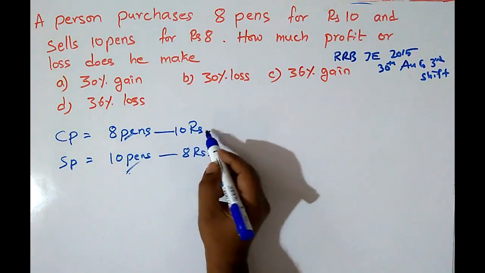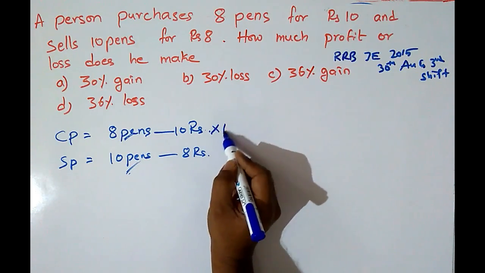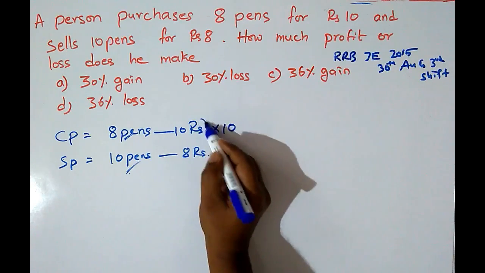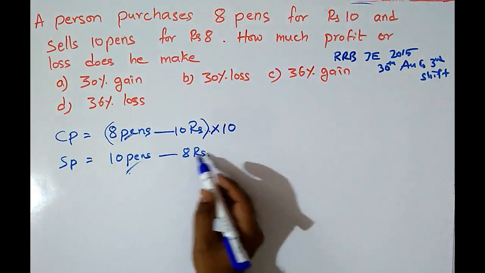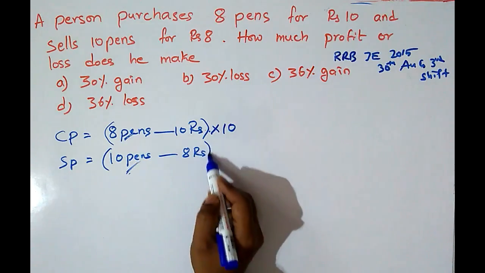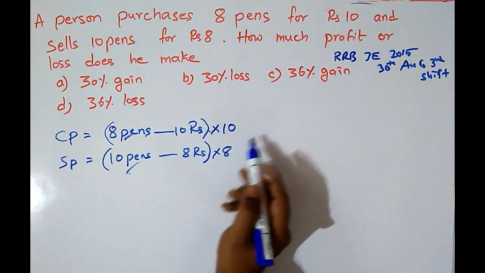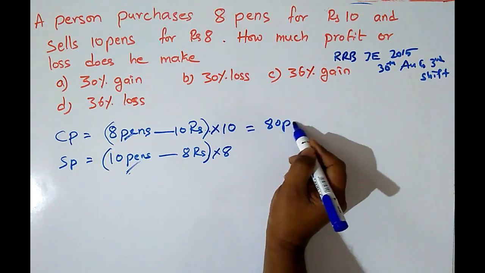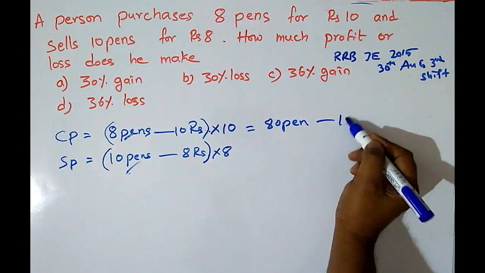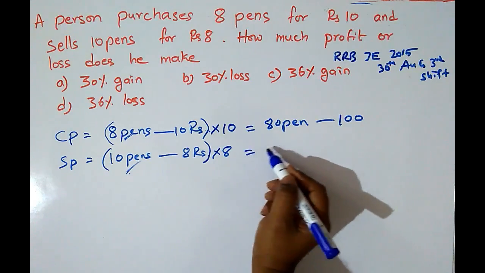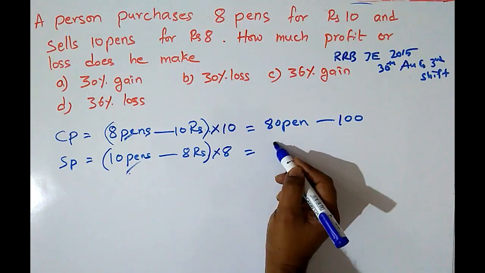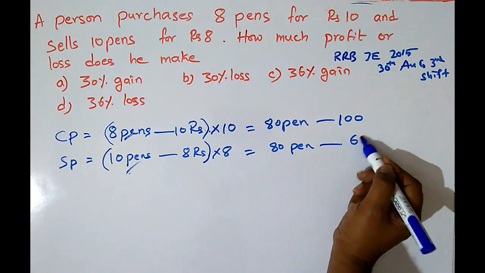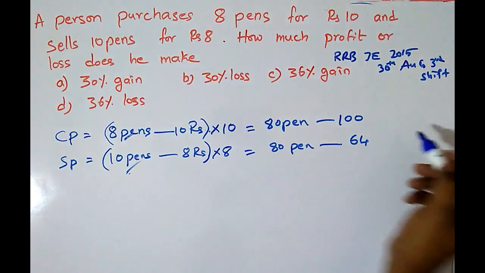Let us equate the articles by multiplying with 10. And here by multiplying by 8, what will we get? 80 pens for 100 rupees, and the selling price will become 80 pens for 64 rupees. 8 8s are 64 rupees.